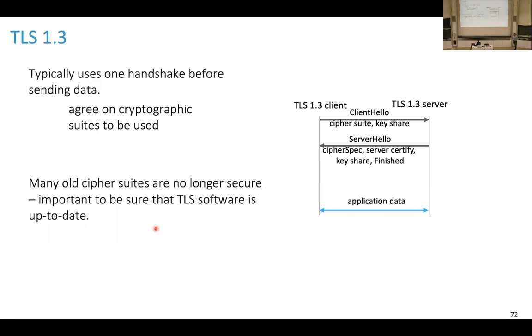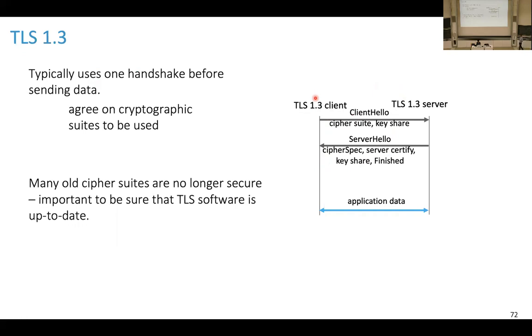So, of course, there is a penalty. As always, there is a penalty to do that. We have one more round-trip time. This round-trip time is due to the TLS handshake. At the beginning, the client and the server agree on the cryptographic method they will use.